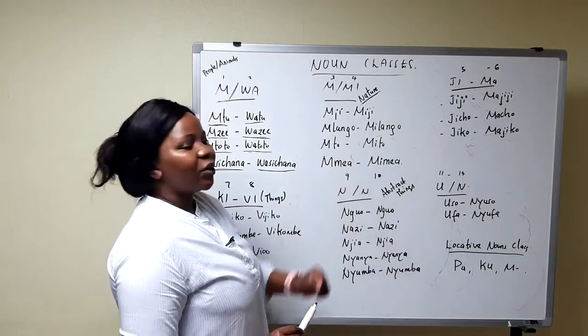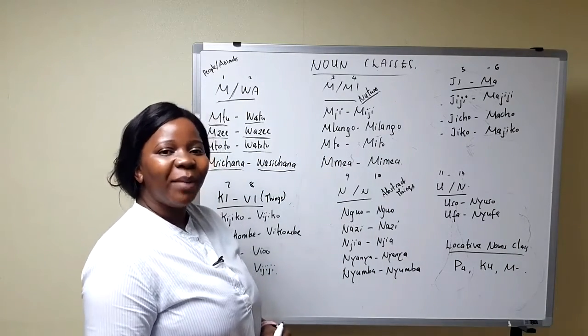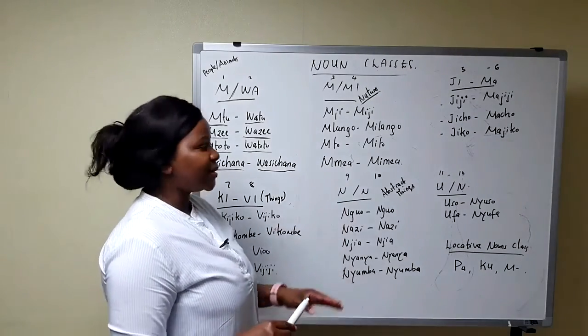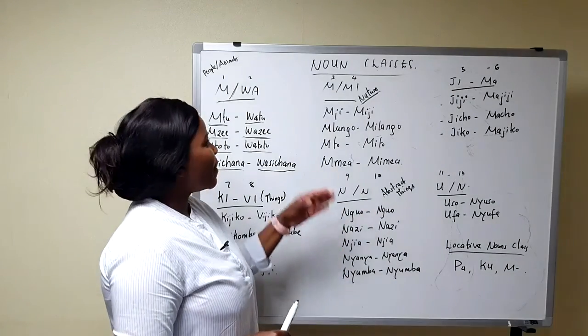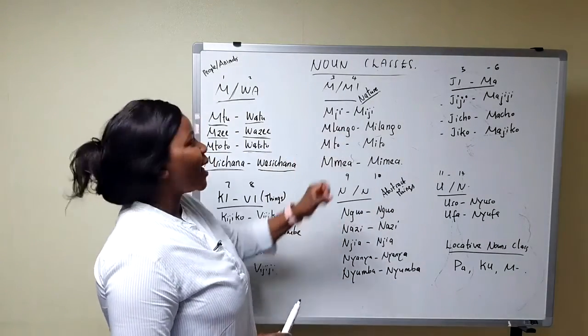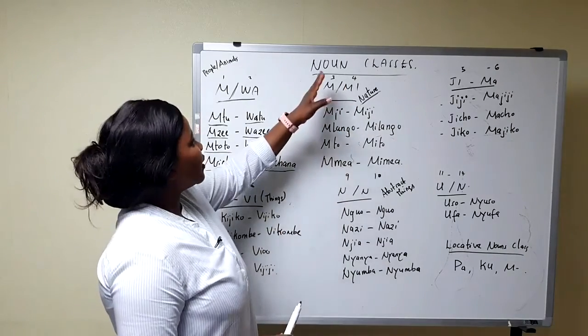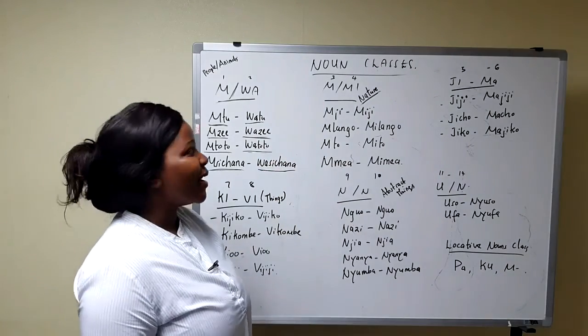And in plural, mito, rivers, mito, okay? Mmea is a plant, mmea, mimea, plants, mimea. So for the singular and mi stands for the plural. So the third and fourth class is mi noun class.